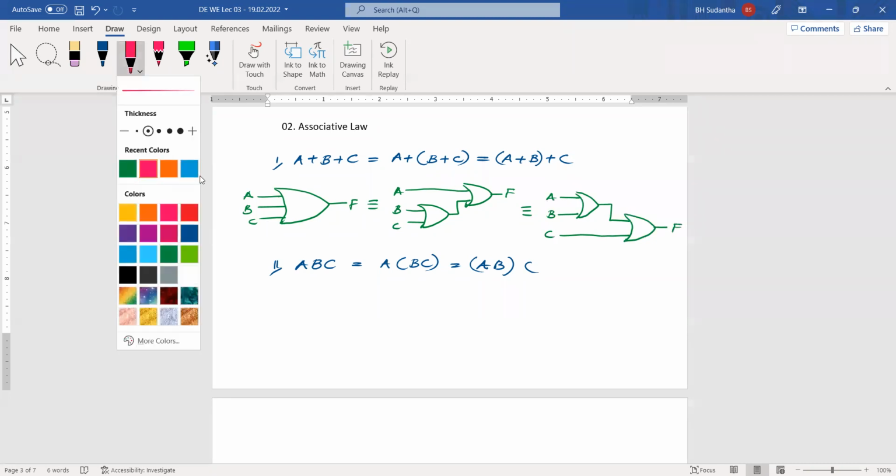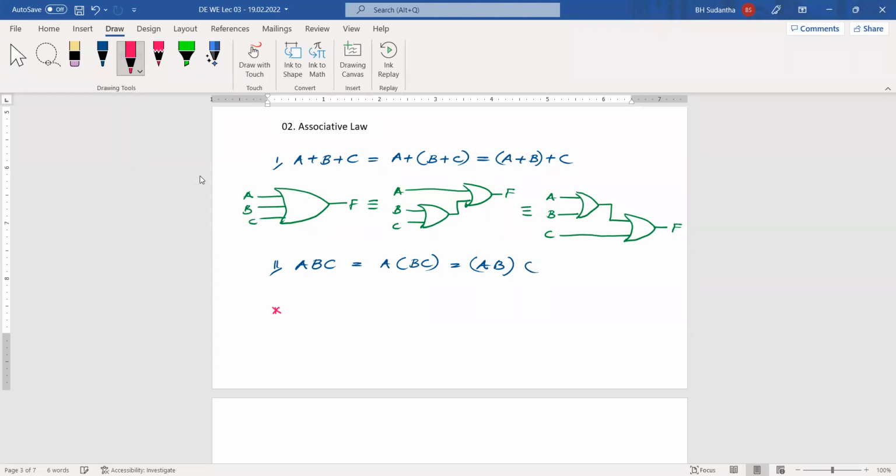You can draw this for the AND operation. What is the simple idea behind this? It says grouping of variables is not important. Okay.